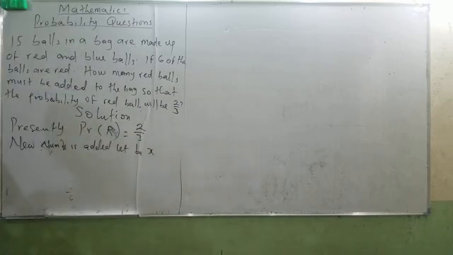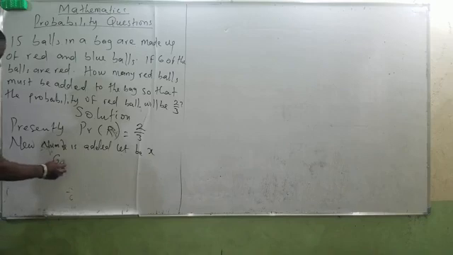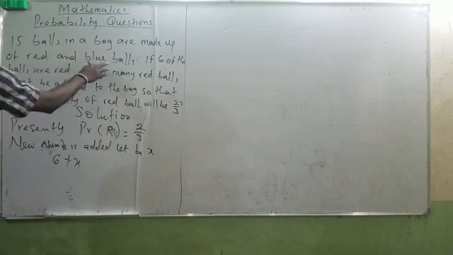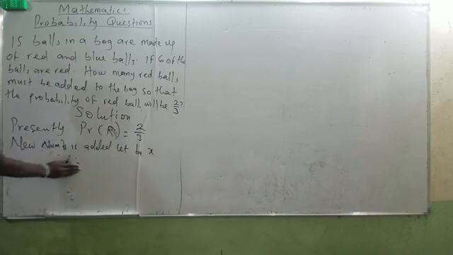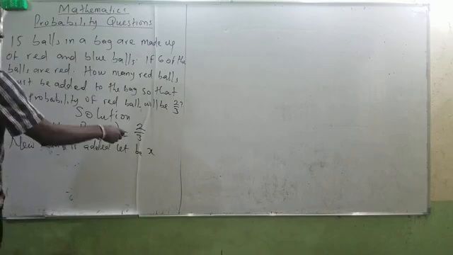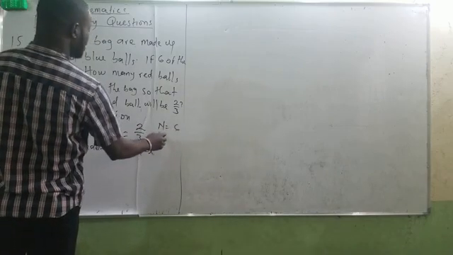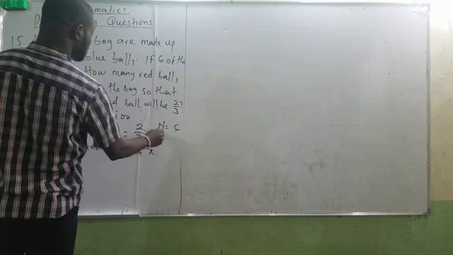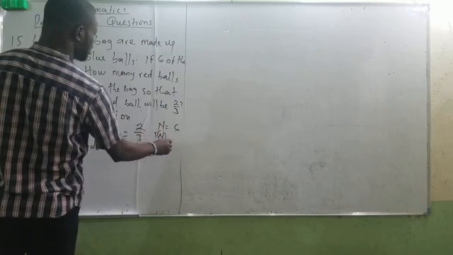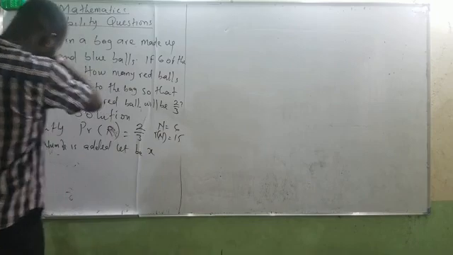It means I'll be having the number of red plus x. Initially, the initial number of red is 6. The initial total number is 15. Take note of that.